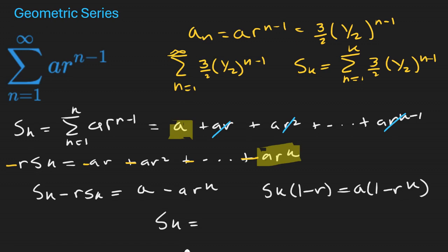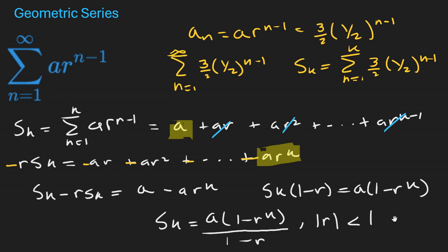S sub k is just going to be a times 1 minus r to the k, all divided by 1 minus r. Now note that we did say that for convergence, the magnitude of r has to be less than 1.